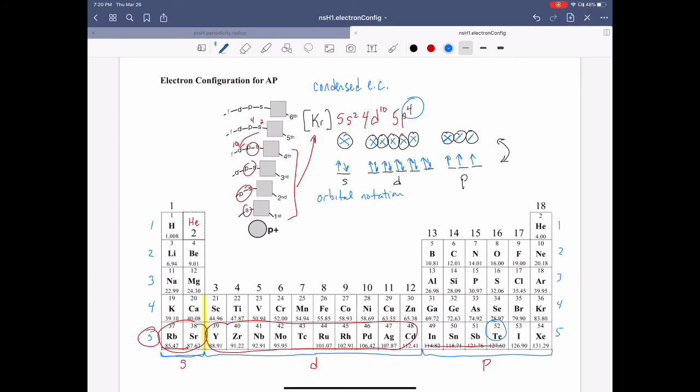And it doesn't matter where you pair up the fourth one. That will be important later: electrons will spread out within a subgroup. That's it for now. Practice up.